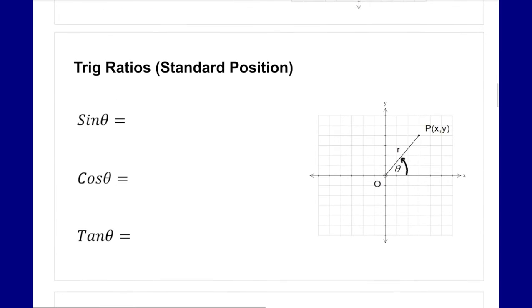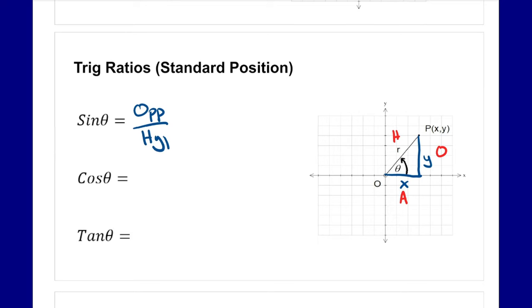So what would my three trig ratios look like, given that I have a point on a terminal arm, x and y? If we label it SOH CAH TOA, sine, we said, was opposite over hypotenuse, which now we can say is y over r, because y is what we call our opposite in this scenario.